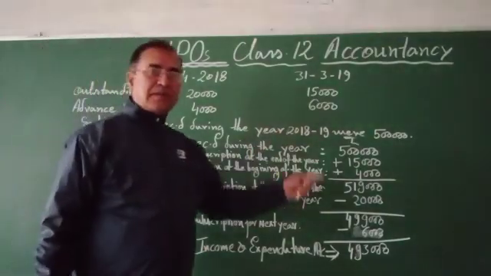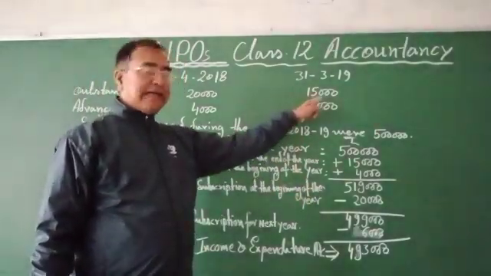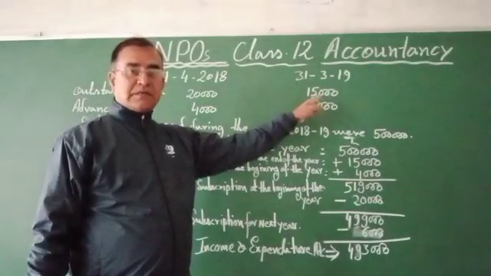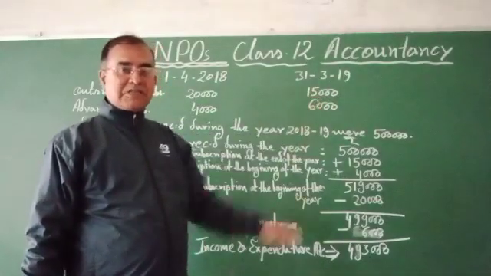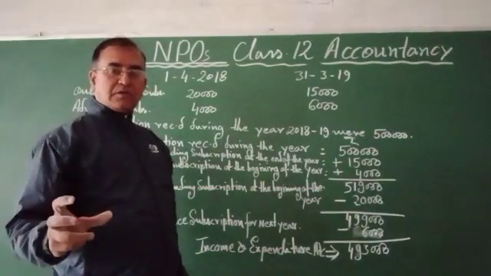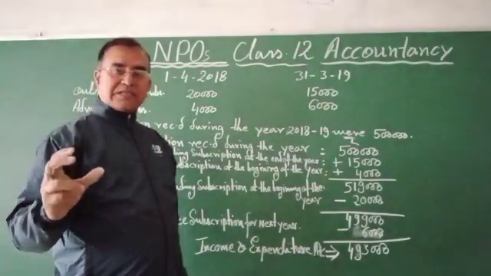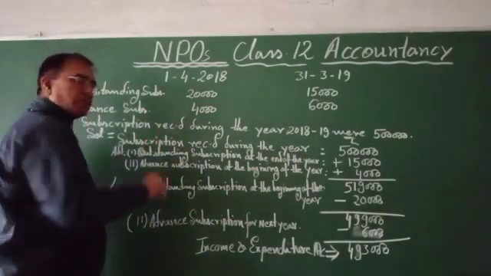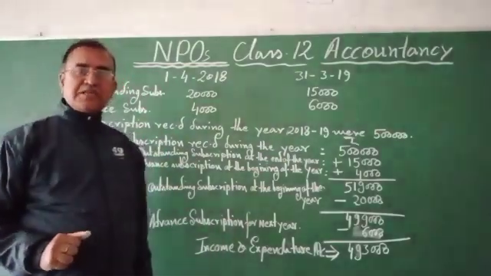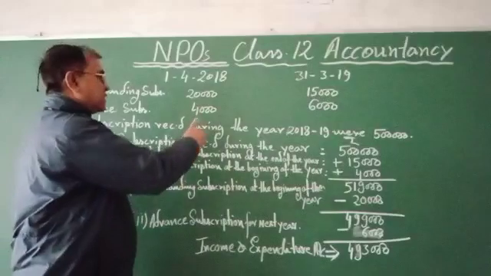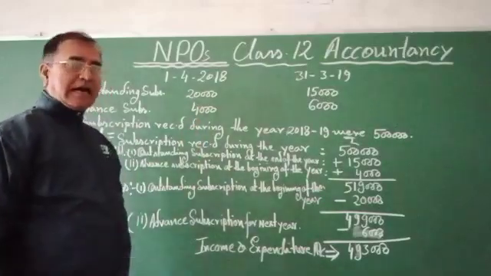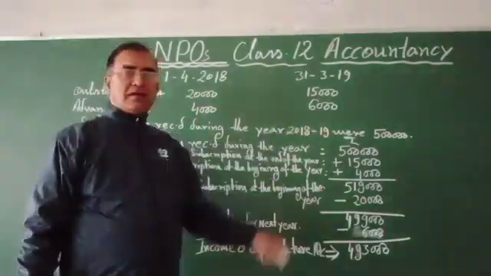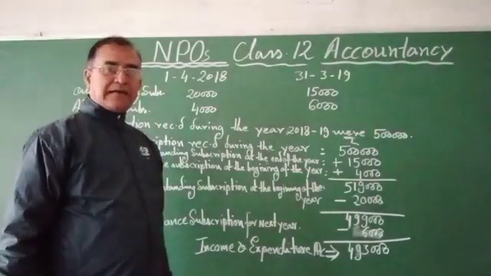At the end of the year, subscription outstanding, that means due, is 15,000. Advance received by the organization is 4,000, and for the next year 6,000 at the end of the year.